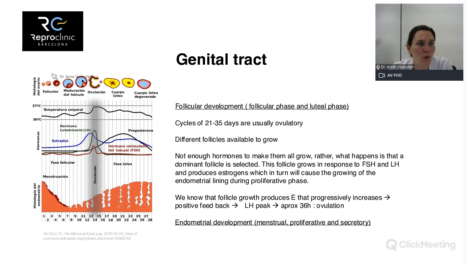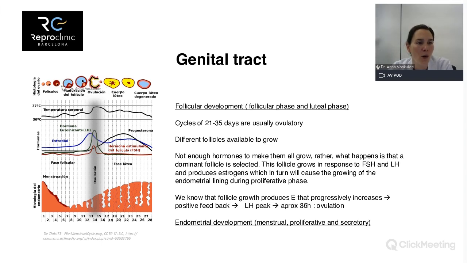So what happens normally in a cycle? First of all, as I said, we have different follicles available to grow, and they're like fighting for the FSH hormone. And then the FSH levels go a little bit down, and one follicle is selected like the dominant follicle, and we lose the other ones. And this one is the one that's going to grow and is going to ovulate later, okay?